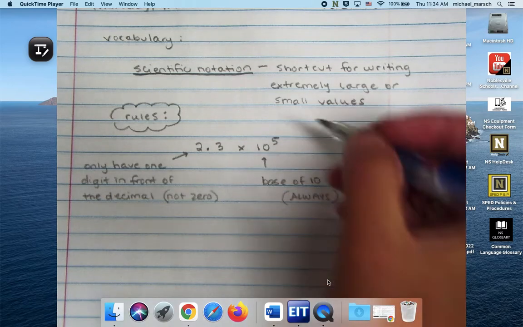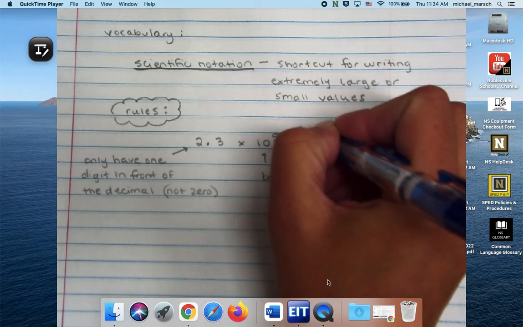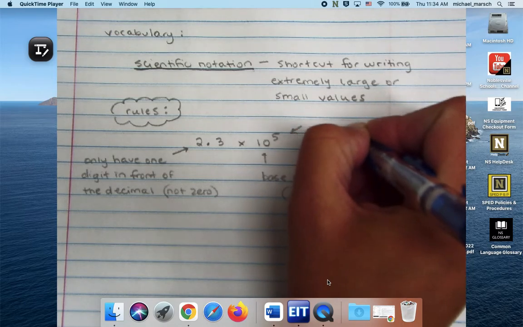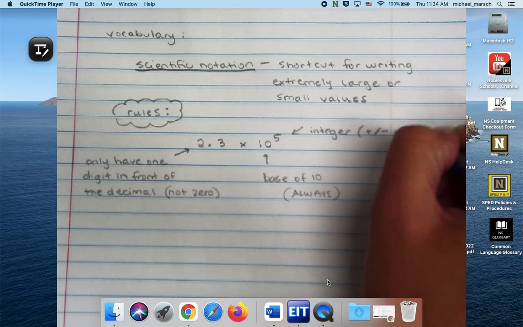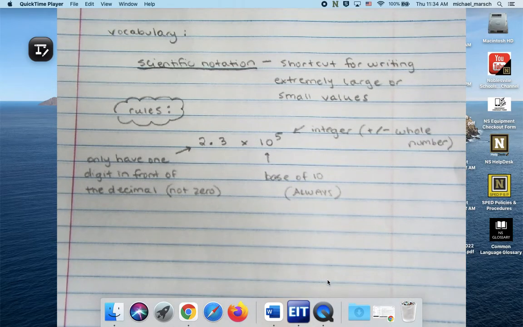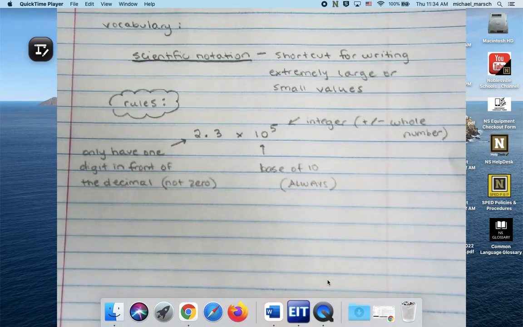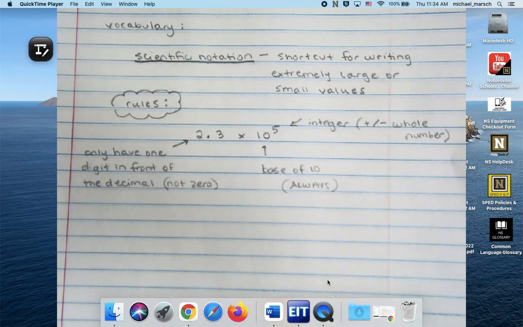Okay, the exponent is always going to be an integer, which is a positive or negative whole number. So that's how scientific notation should look. Every time that you are using it, it needs to be in this form.